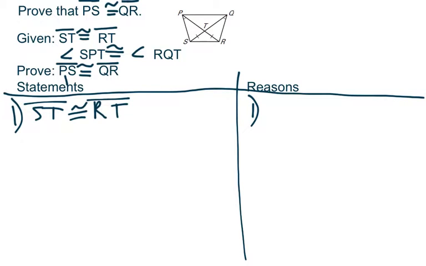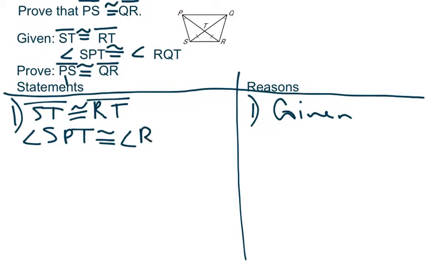But anyways, we are given that segment ST is congruent to segment RT. That is already marked on the picture. The reason is given. And we are also told that angle SPT is congruent to angle RQT. That is also in the picture. That is also given, so I've got it. That is the same step. So I told you the hint was try and show the two triangles on the outside are congruent.